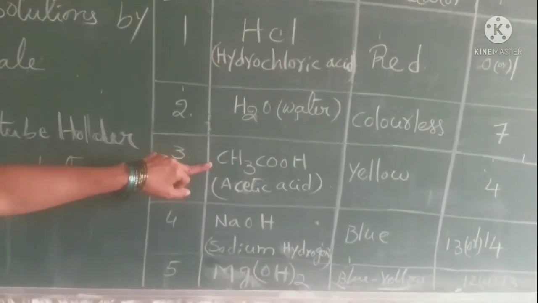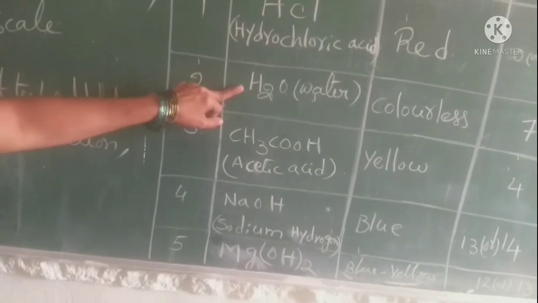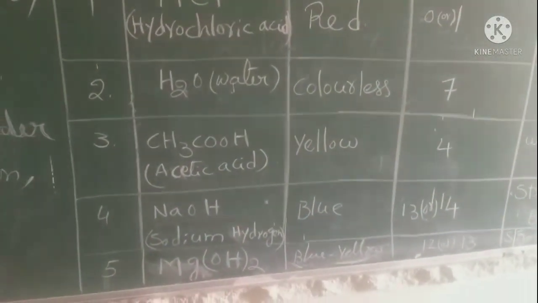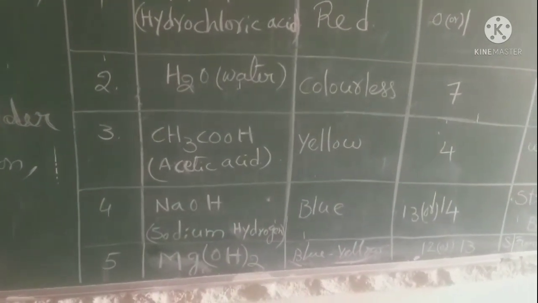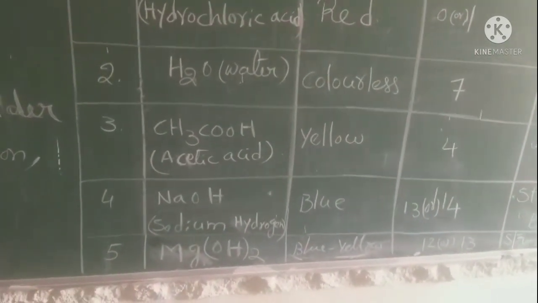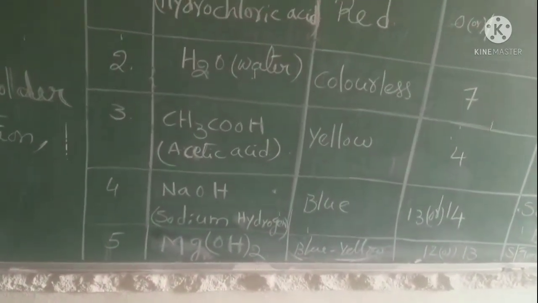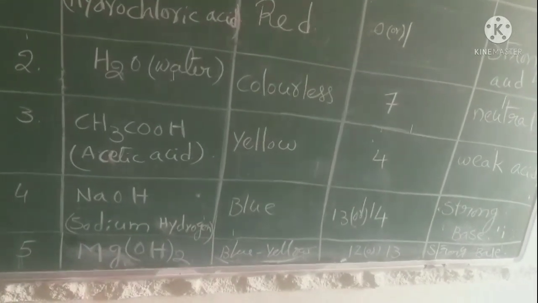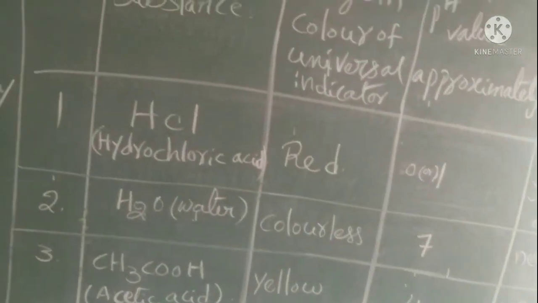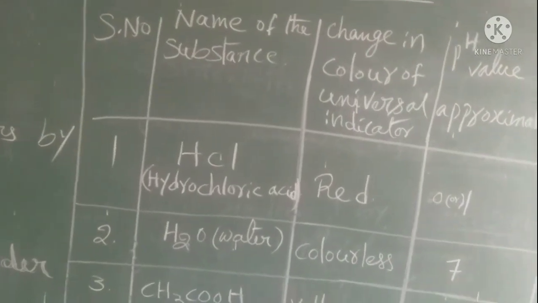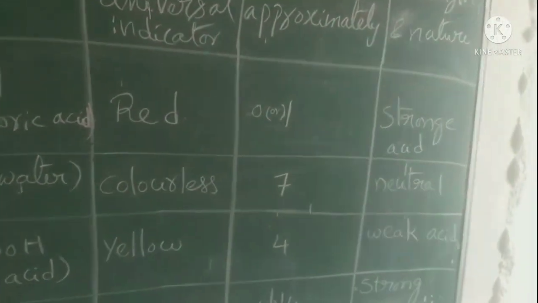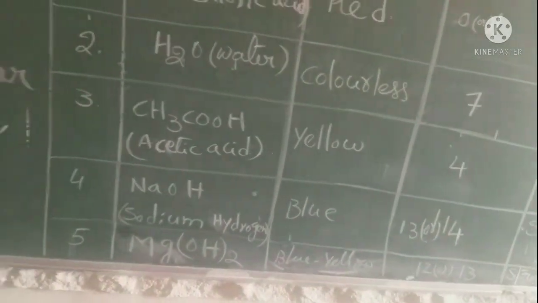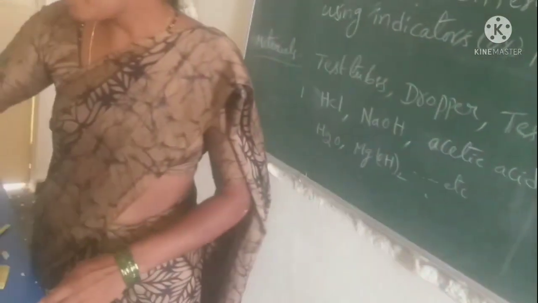Acetic acid is a weak acid. Water is neutral. Sodium hydroxide, magnesium hydroxide are strong bases. Ammonium hydroxide is a weak base. We show in our laboratory. Strength of acid or base we learned in this topic.